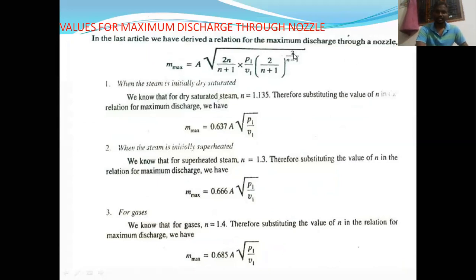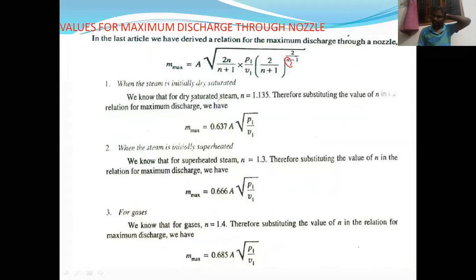In this m max formula, only n is the variable. N is the index of the process. If you substitute the n value, n is the only variable here.